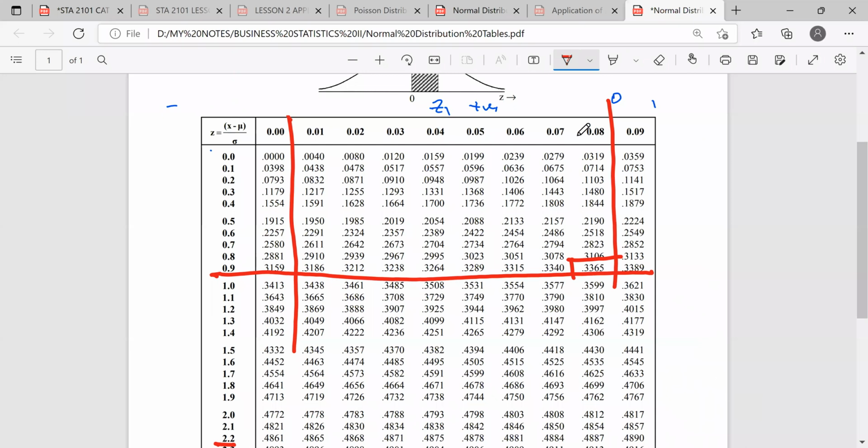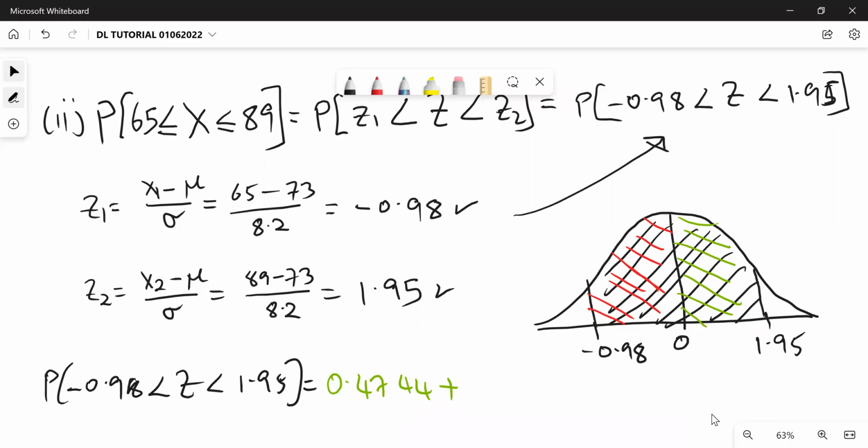That gives 0.3365. And when you add those two, you get 0.8109. And you can check whether it's correct.